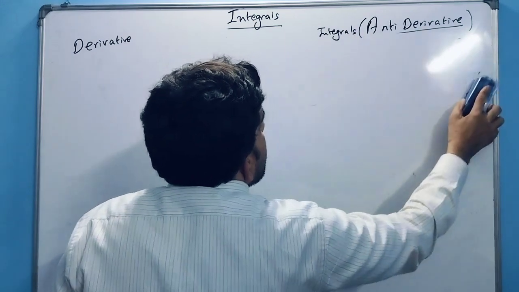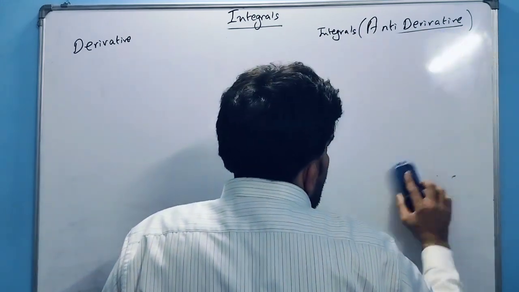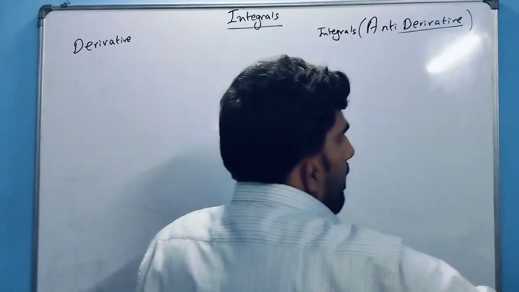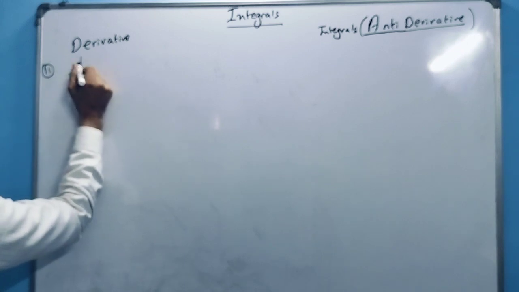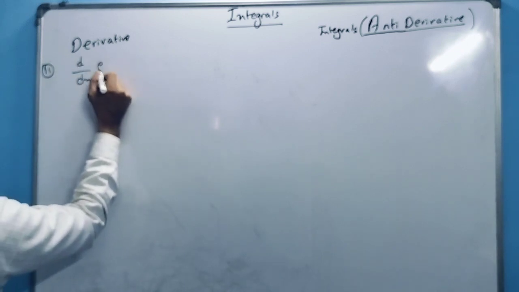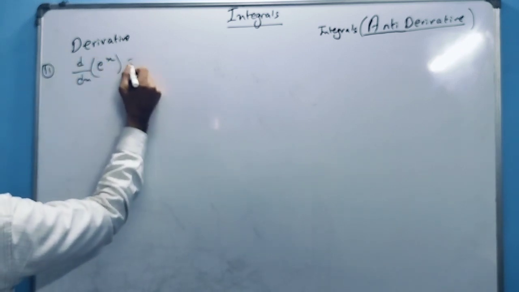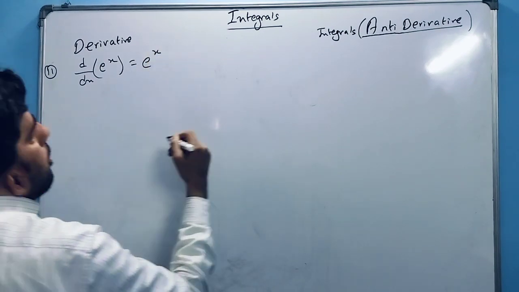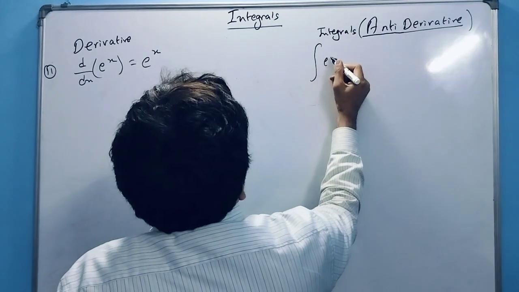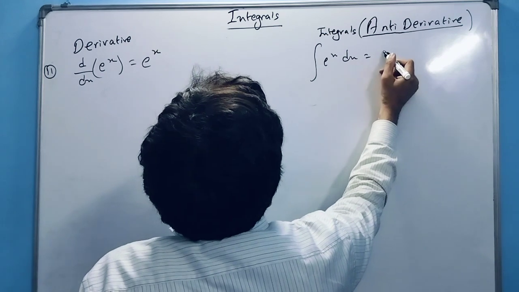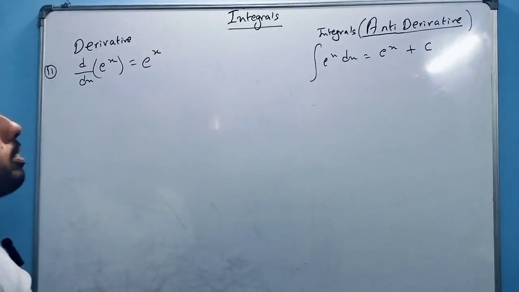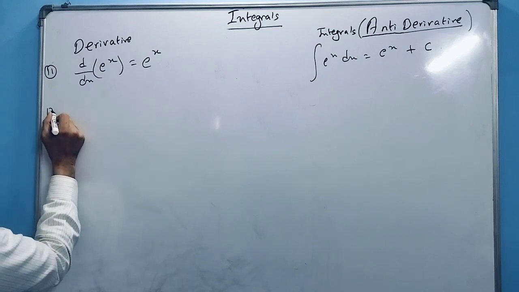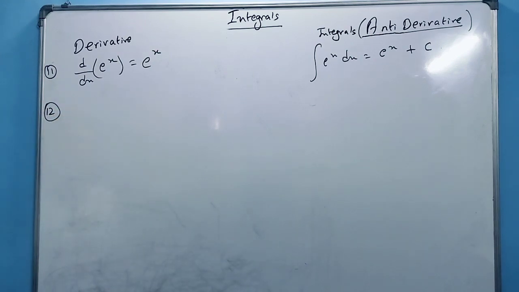The next, the 11th: differentiation of e^x is equal to e^x. Now if I integrate e^x with respect to dx, we get e^x plus c. Now we'll move to the next one.